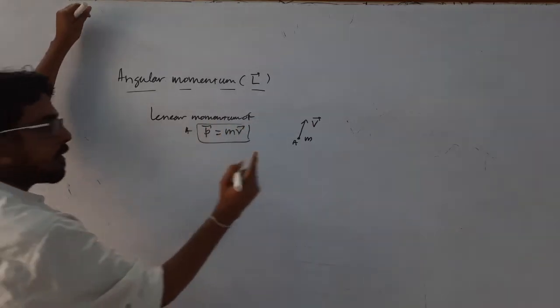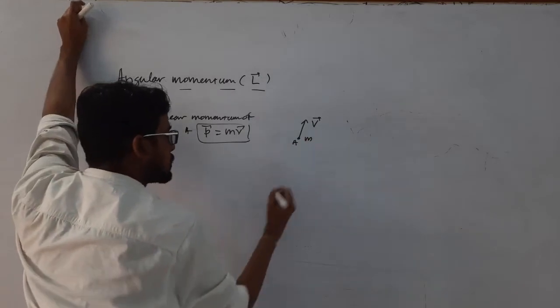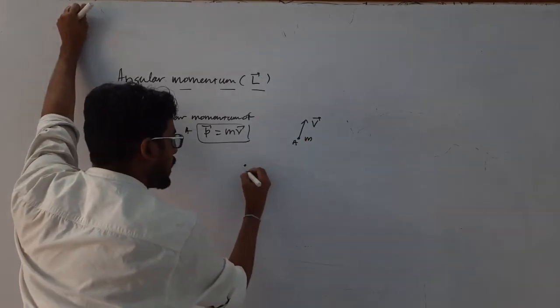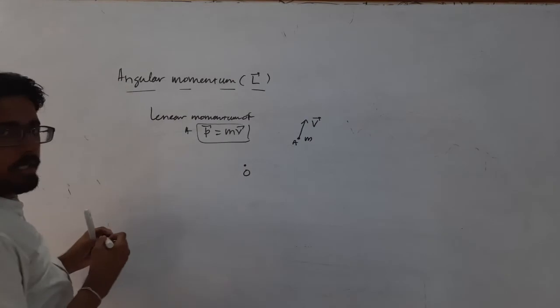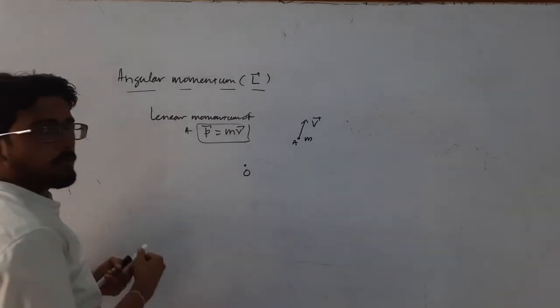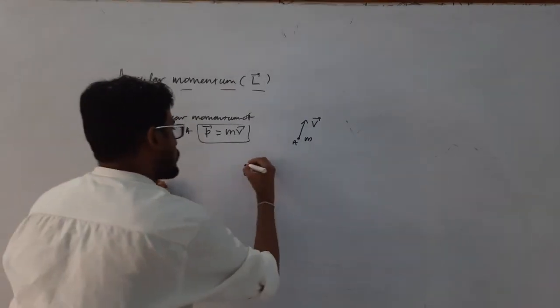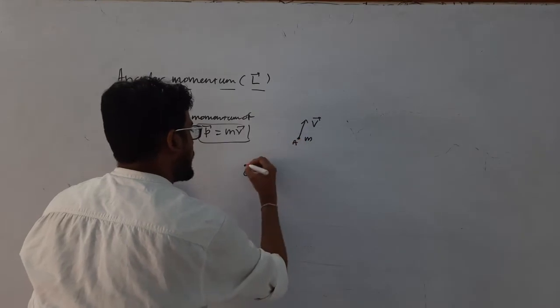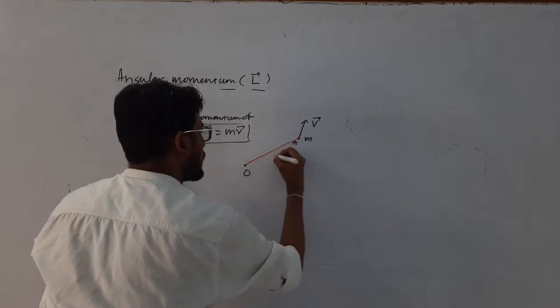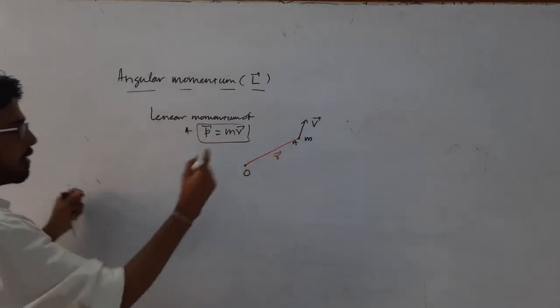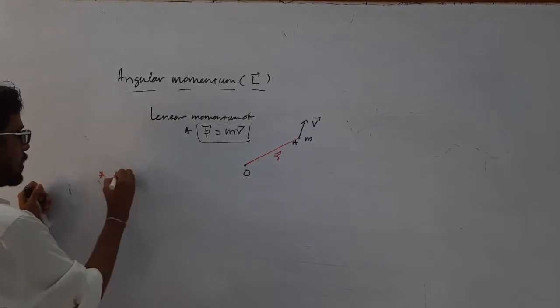But if I want to find out the angular momentum of this particle about this point O, where the position vector of the particle A from point O is r vector. Clear?